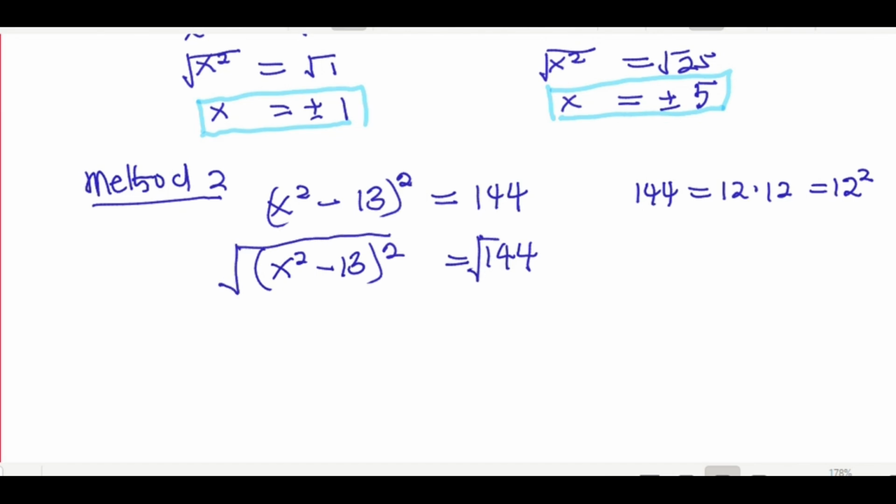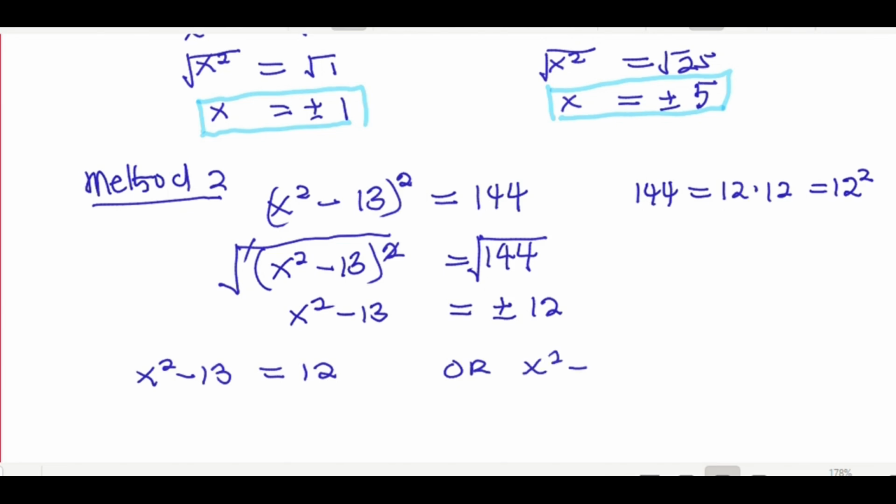The square root of (x² − 13)² cancels out, so we are left with x² − 13 equals the square root of 144, which gives us plus or minus 12. So case 1, we have x² − 13 = 12, or we have x² − 13 = −12.